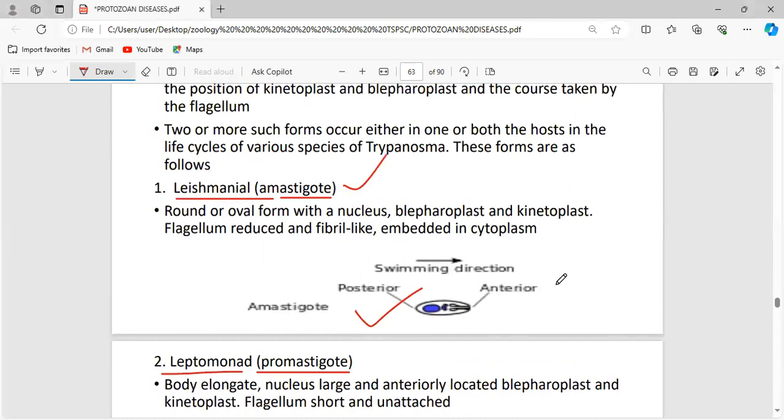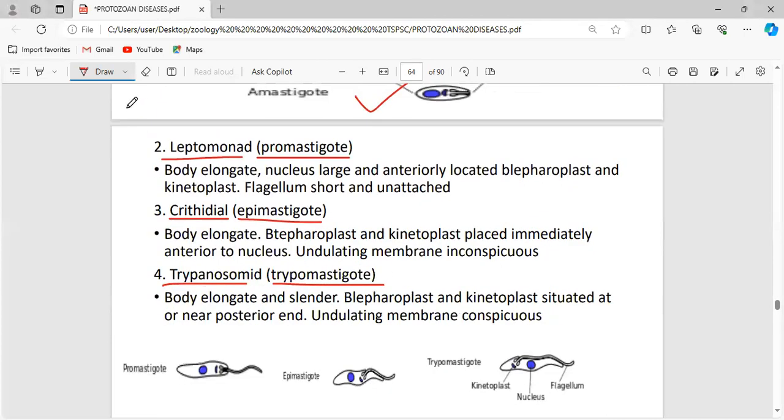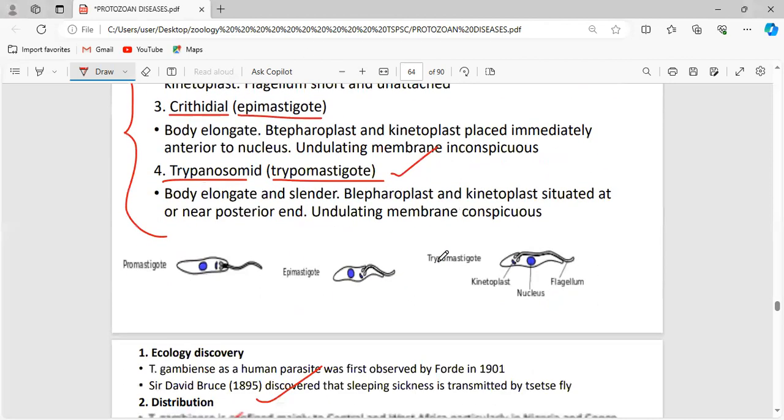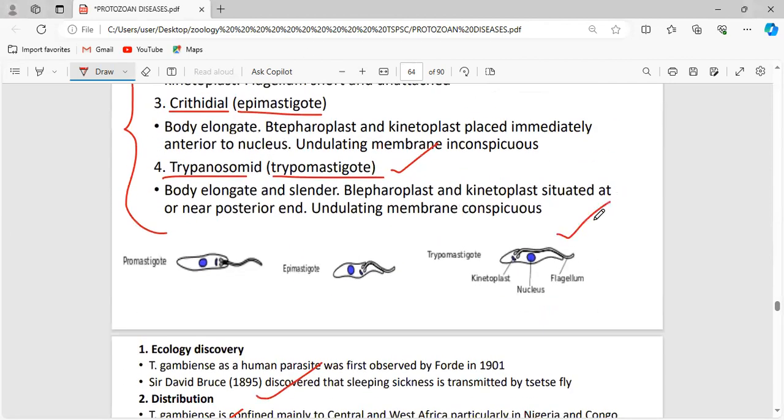Leishmanial, that is amastigote. See, I have to focus on these things. Okay, trypomastigote. See, this is the trypomastigote, where the kinetoplast is present. See here, where the flagellum is seen, where the nucleus is here. See, every structure is present in every form, but the location is different. Based on their location, they are named.